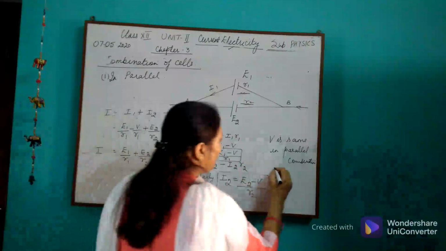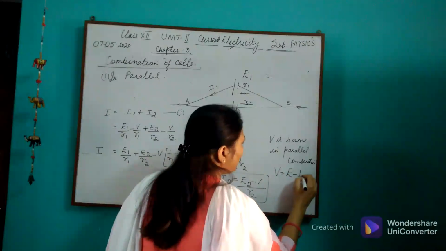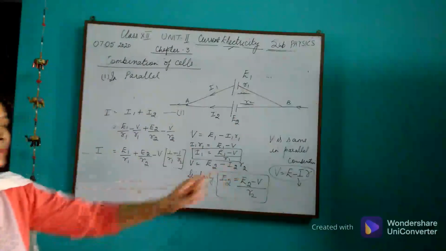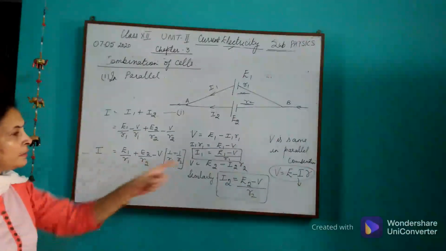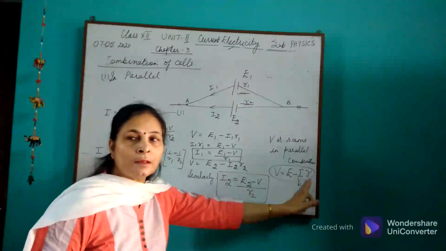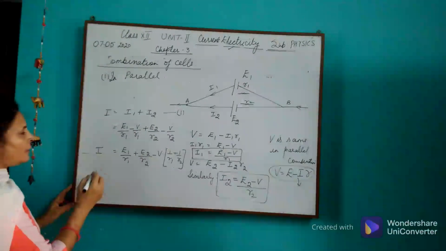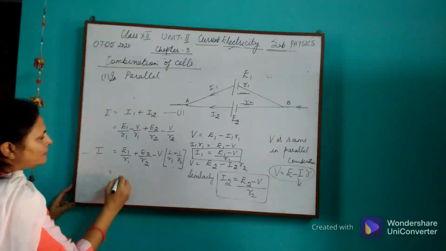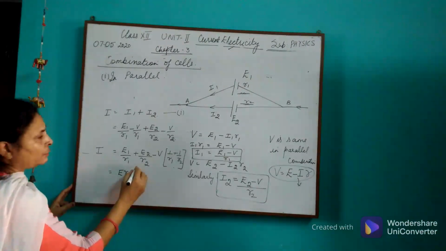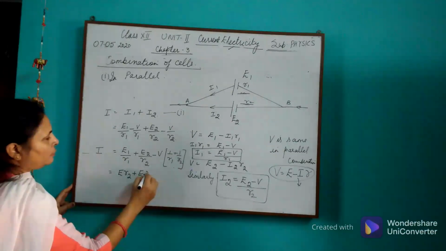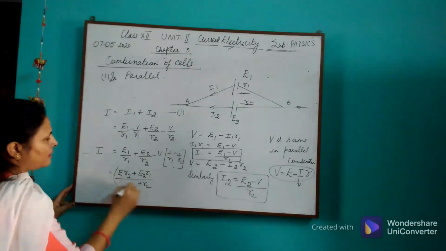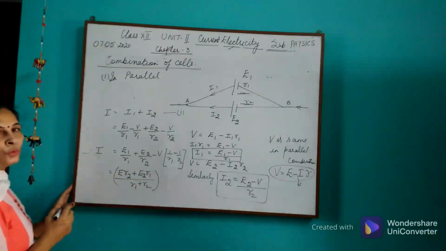Now we'll solve this equation. Again we'll compare it with the standard equation. I'll write this equation in this form and then I'll find out the equivalent E and equivalent R. So we'll solve it. This is going to give me E1 R2 plus E2 R1 upon R1 plus R2.